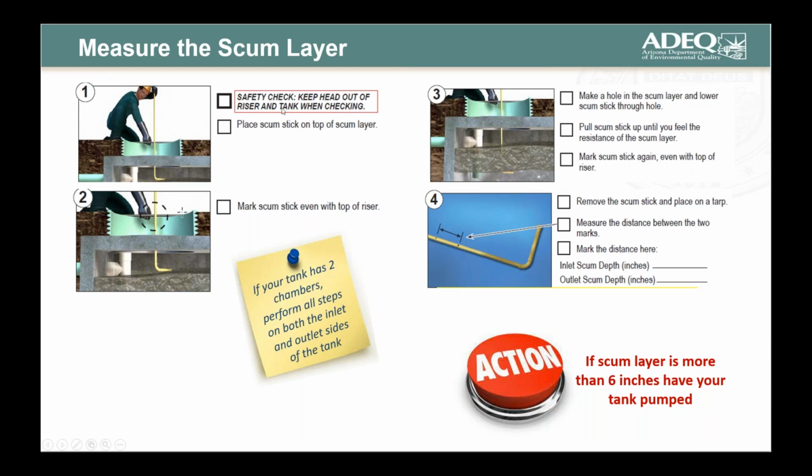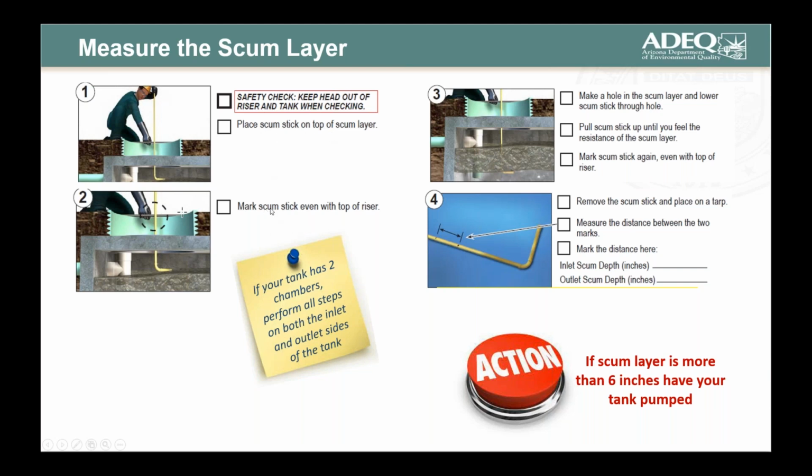All right, next we need to measure the scum layer. As a reminder, the safety check here is you're going to keep your head out of the riser in the tank. So you're going to insert the scum stick and place it on top of the scum layer.